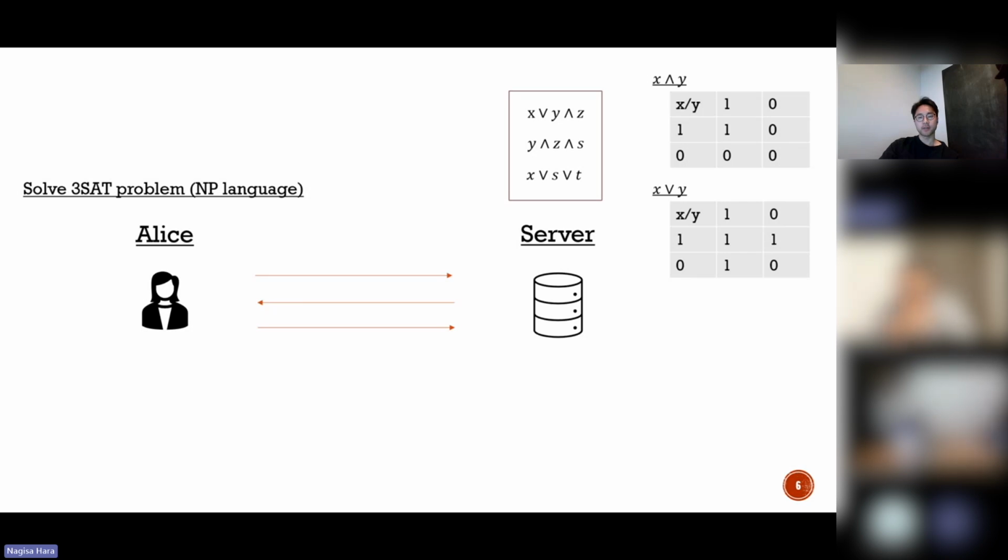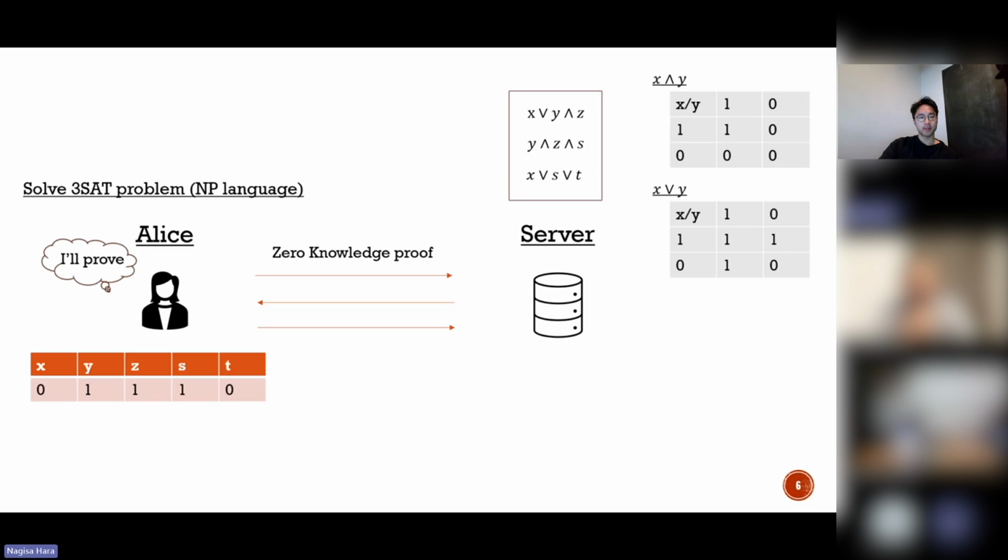You can see the variables x, y, z, s, and t, and the three equations follow some computation rule shown in the top right corner. Then you are asked to find an assignment of 0 or 1 to all of the variables satisfying this computation rule. This problem is known to be an NP language.